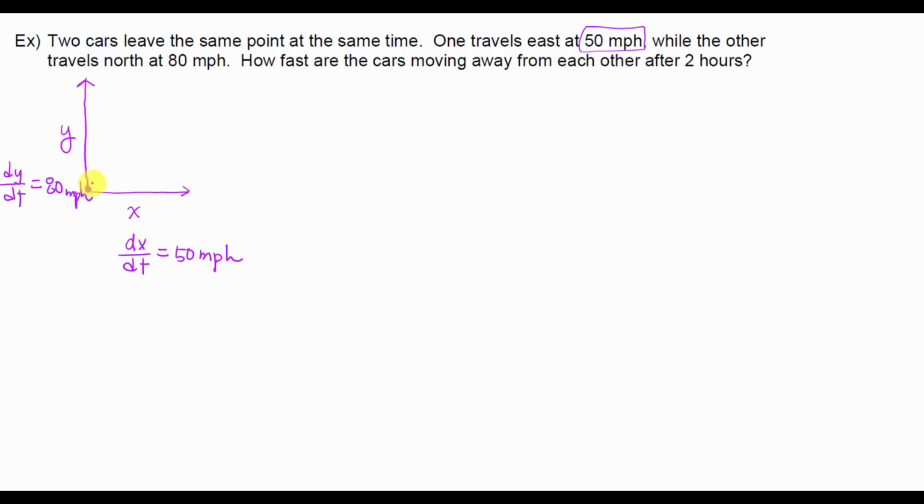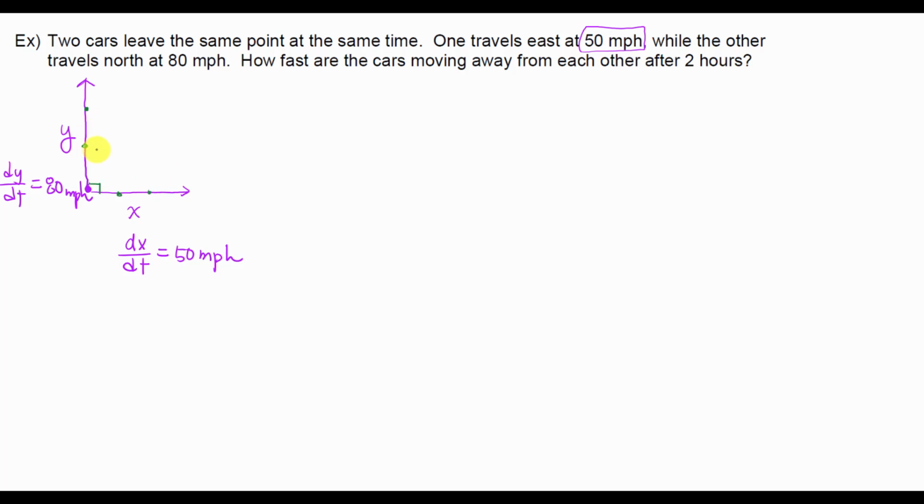And they're asking how fast the cars are moving away from each other after 2 hours. So if the cars are here and here, then this is how far they are from each other. And if a car is over there and here now, this will be how far they are from each other. At the time when time hits 2 hours, how fast are these cars moving away?